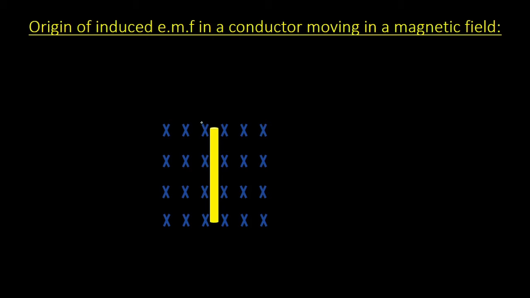So if a conductor moves in a magnetic field, what will happen to the conductor? So let us try to find out that. We have considered a conductor of length L, and we have placed the conductor in a magnetic field.